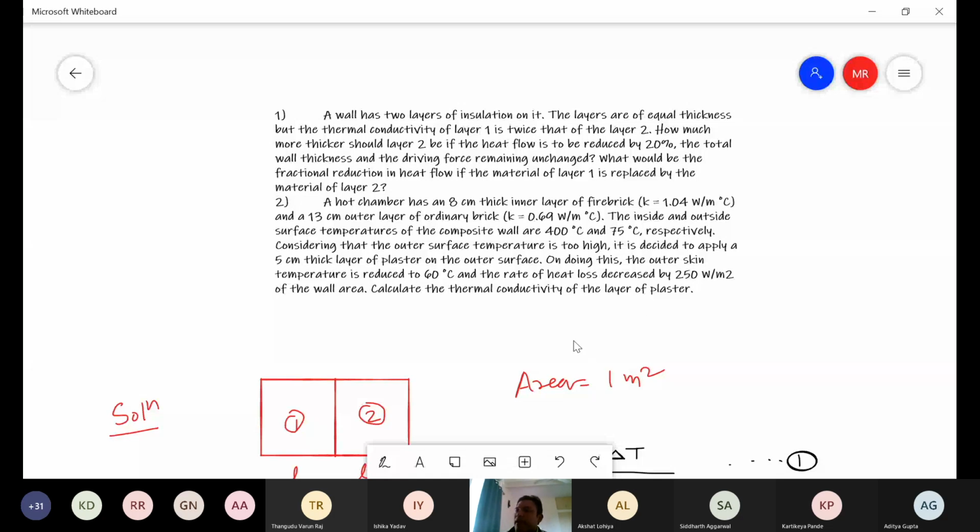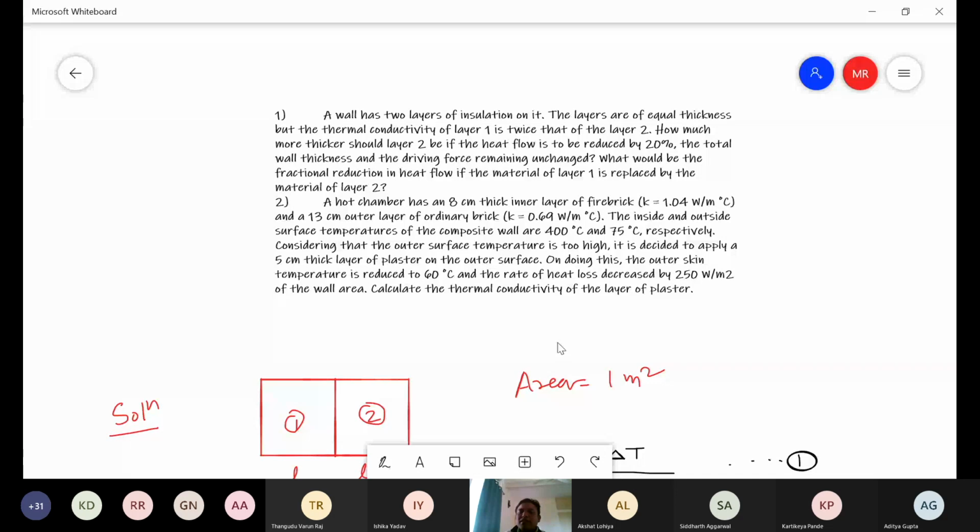So whatever heat loss we had earlier is reduced by 250 watt per meter square, and also the outer wall temperature is reduced to 60 degrees Celsius instead of the earlier value of 75 degrees Celsius. The layer of plaster which we have added outside the ordinary brick is of thickness 5 centimeter. So we have to calculate the thermal conductivity of the plaster layer.